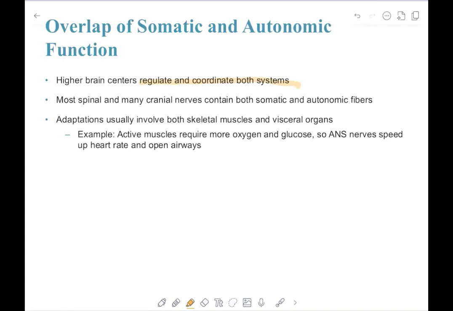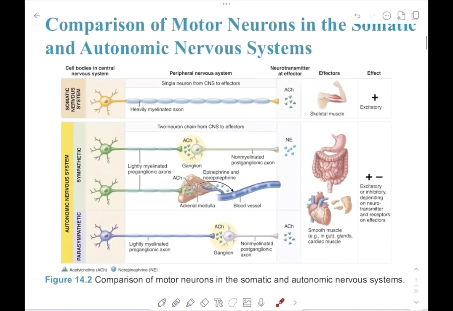So an example of this could be that active muscles require more oxygen and glucose. So the autonomic nervous system speeds up the heart rate and opens the airways. So there's certainly a somatic role that happens here, but there's also an autonomic nervous system role that affects here.